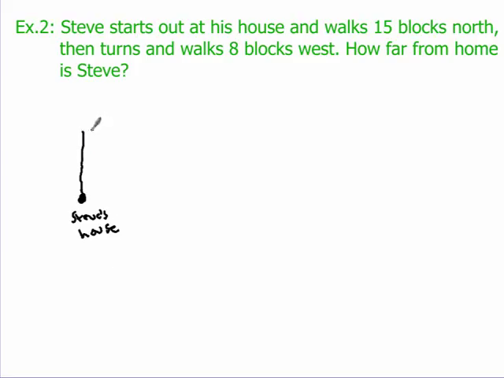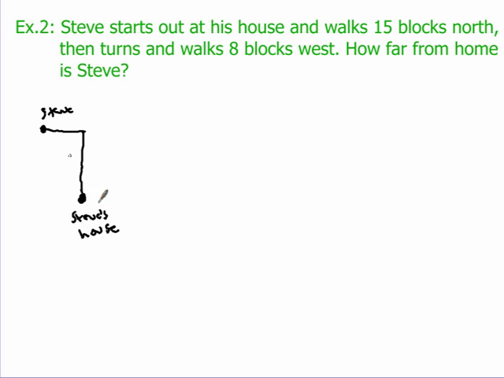Okay, he walks 15 blocks north, and then he walks 8 blocks, well, sorry, I went east. 8 blocks west. All right, and stops. Okay, there's Steve.